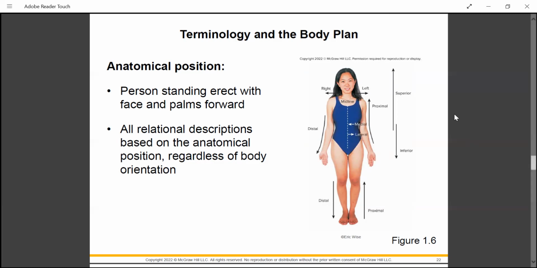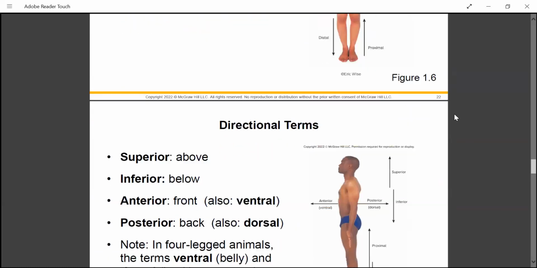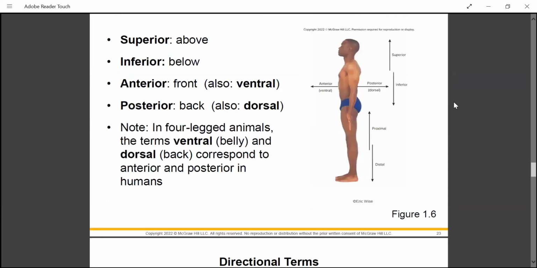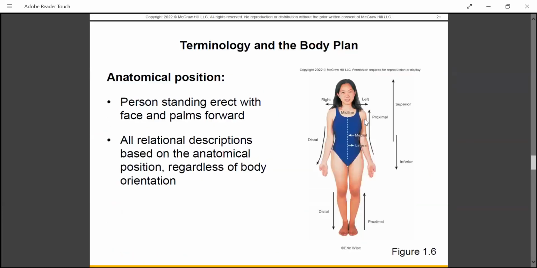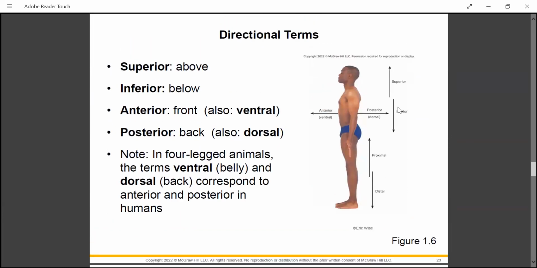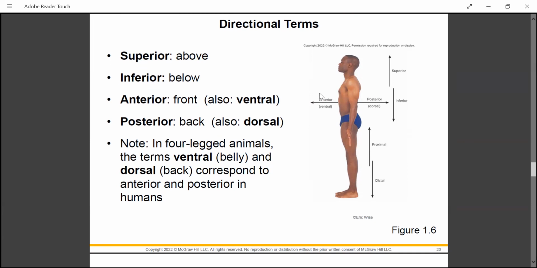And so let's talk about some of the different directional terms of the body. This one shows a little bit of all of them. We're going to break it down just a little bit more. Okay, superior is above, inferior is below, anterior is the front, posterior is the back.